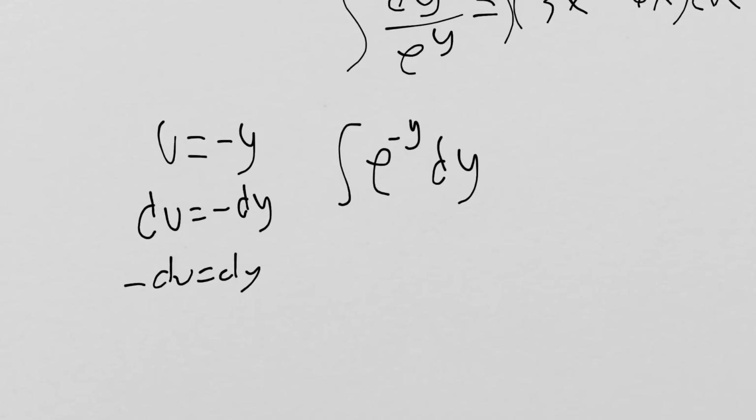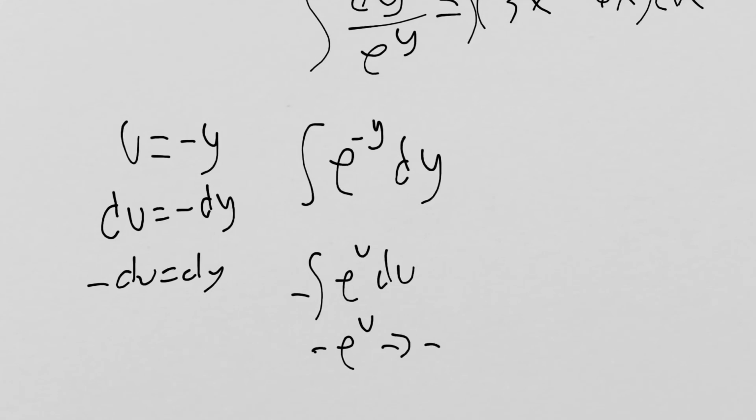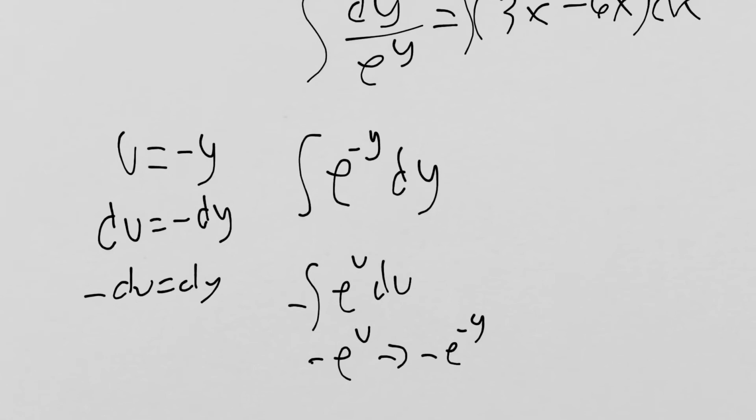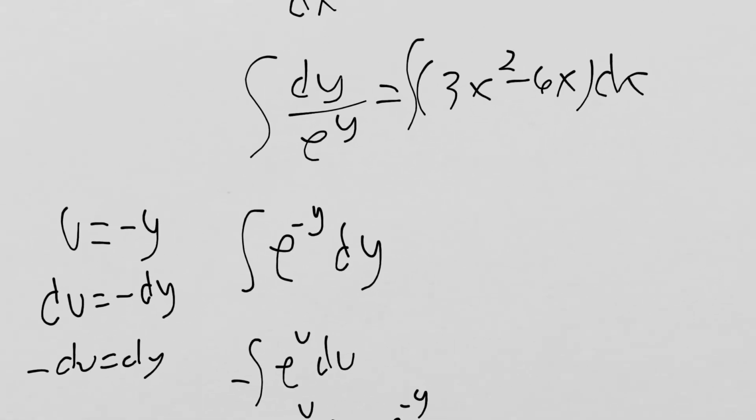We can think of this as negative the integral of e to the u du, and the integral of e to the u is just e to the u. So we get negative e to the u, and u was negative y, so this is negative e to the negative y. So the integral of e to the negative y is negative e to the negative y.